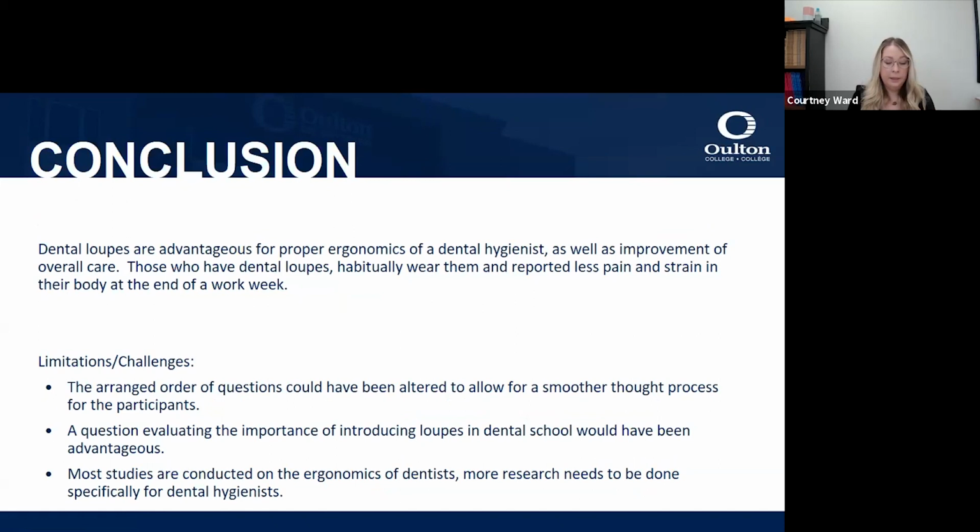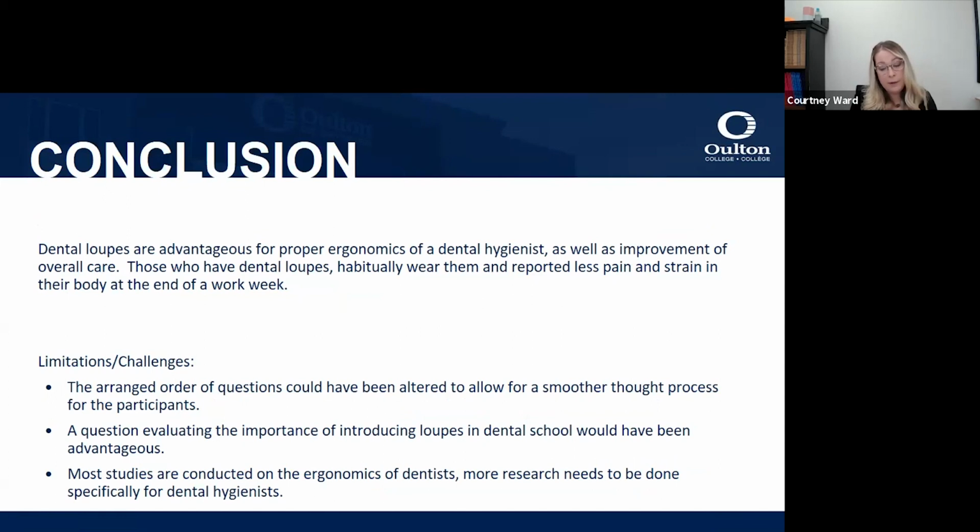In conclusion, the sum of our research has led to both positive and negative feedback surrounding dental loops. Positives include improvement in posture, ergonomics, the light and magnification also increase the clinical vision and decrease body pain and injury.